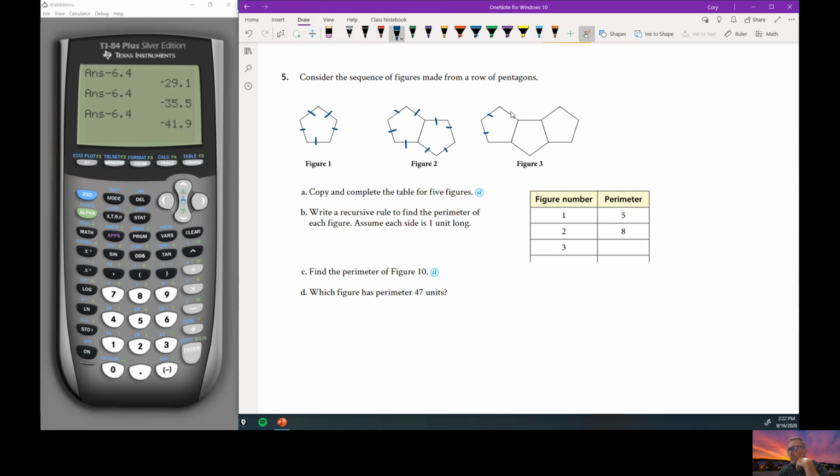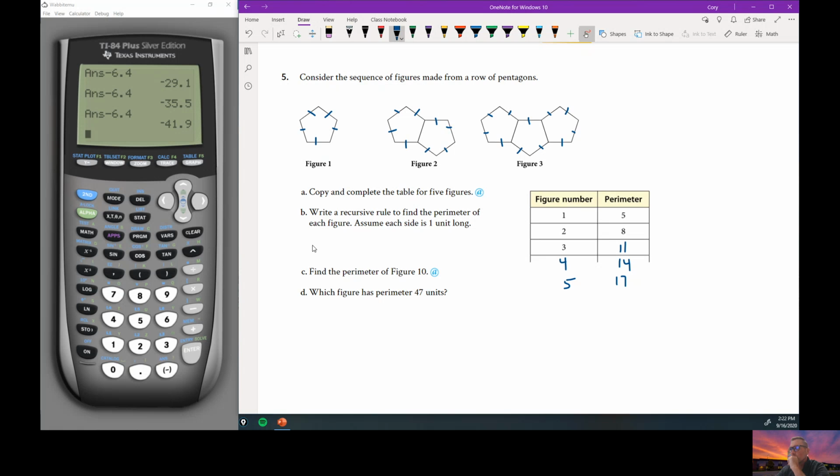Then 1, 2, 3, 4, 5, 6, 7, 8, 9, 10, 11. So from what I can tell is every time we add a pentagon, we're adding 3 to the perimeter. So 4, 5. So this is going to be 14, and this is going to be 17.